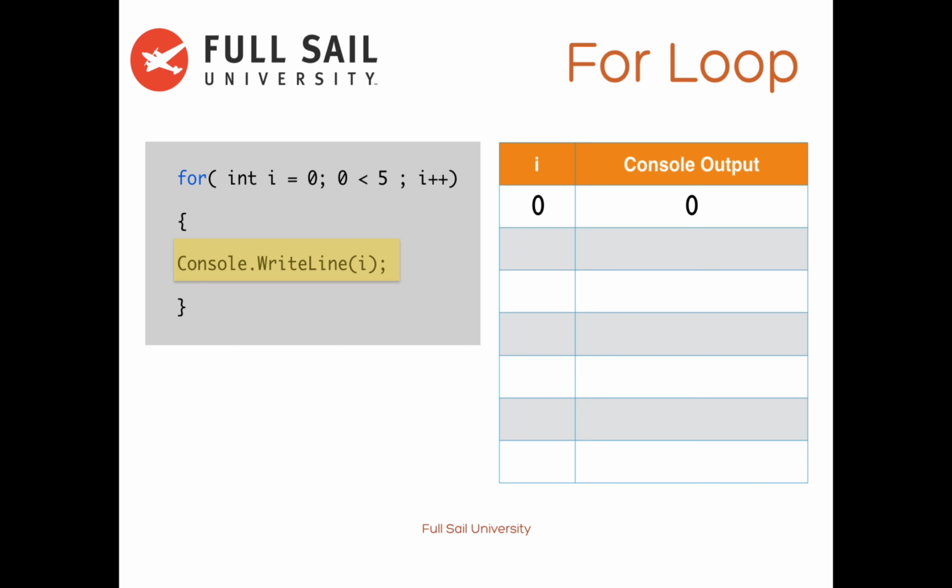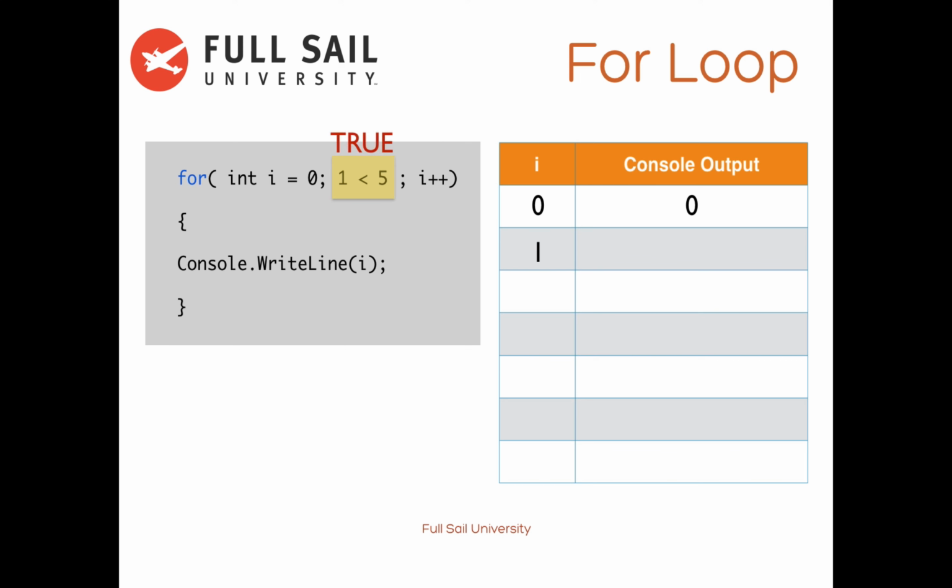All right, now we come to the closing curly brace, and that jumps us back up to the increment of change, I++. The current value of I is 0, so I++ adds 1 to that, so I becomes 1. Then we come back and do the test with the new value of I. So we say, is 1 less than 5?